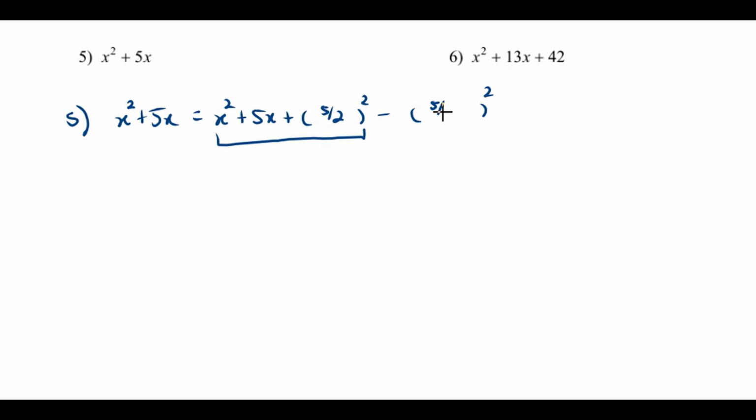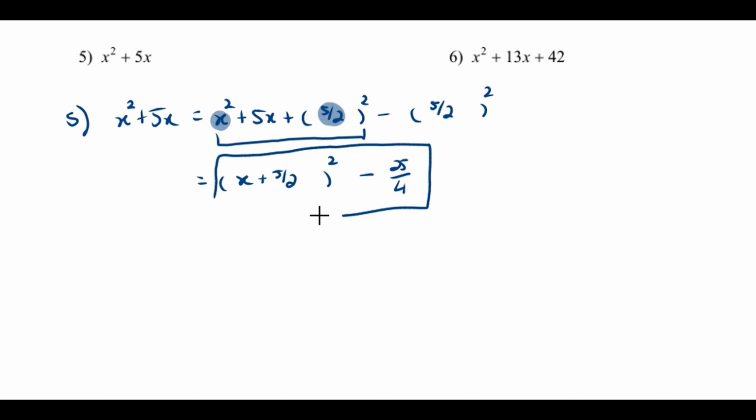So 5 over 2 goes into the brackets. The first three terms form a perfect square trinomial. The terms we put into those brackets are the x and 5 over 2. So x plus 5 over 2 minus, we multiply this out, 25 over 4. This is now completing the square or turning point form.